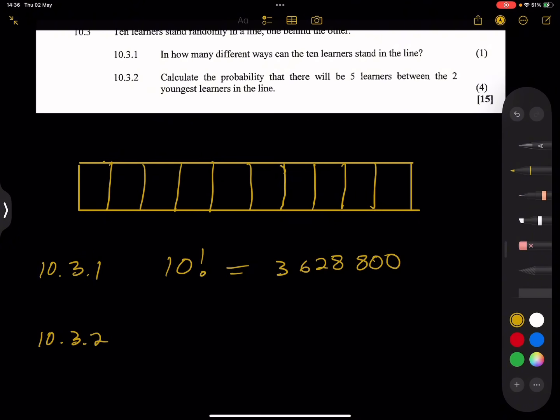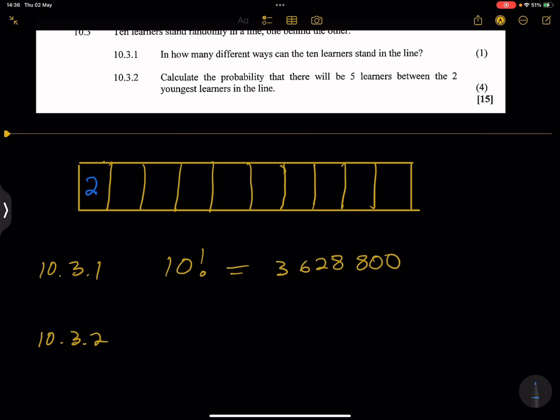So if I place the youngest 2 learners, let's say I place the first one in position 1. Remember, there's 2 of them. So in position 1, I can choose between the 2 of them, but now there must be 5 other people in between, which means I can place the other one in position 6, right?